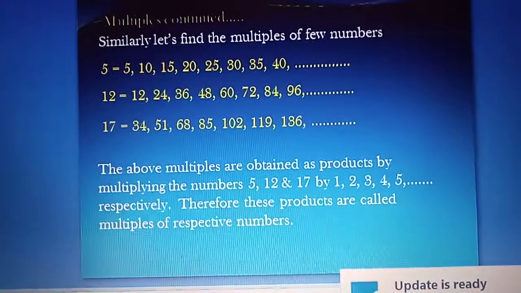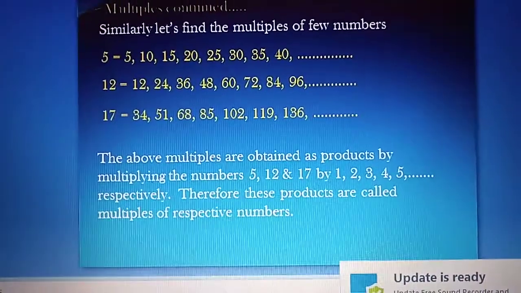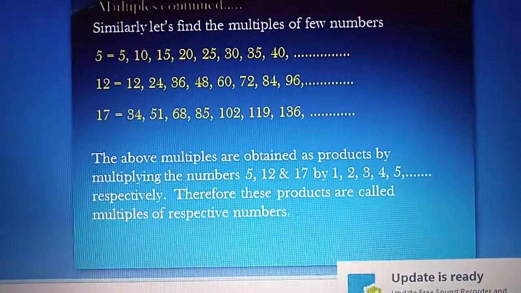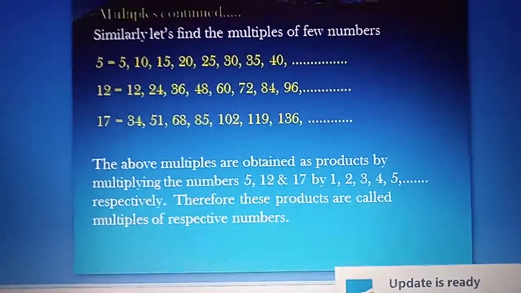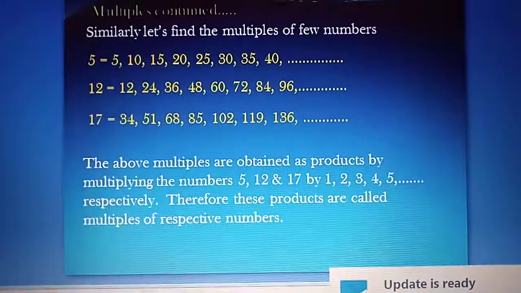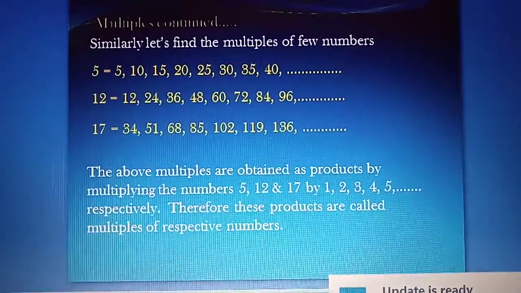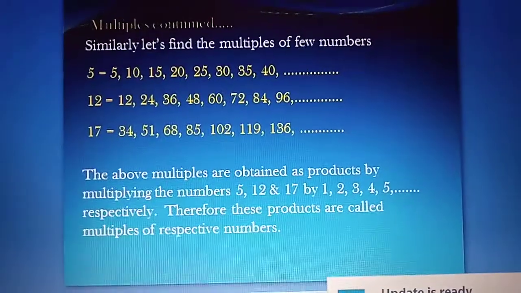Including the given numbers we have to consider multiples. So the first few multiples of the given numbers I have mentioned over here. I am sorry, by mistake I have not written the first multiple of 17 in 17's multiples list.